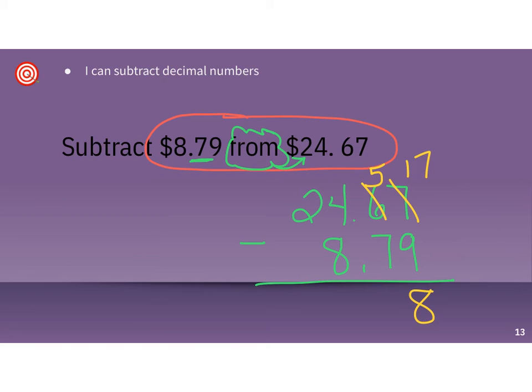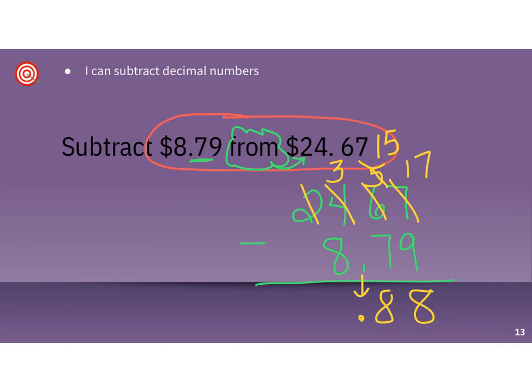Now 5 minus 7 I also can't do, so I need to come over here and regroup again. Now I've got 15 tenths. 15 minus 7 is 8. Bring down this decimal point. 3 minus 8, I can't do that either.